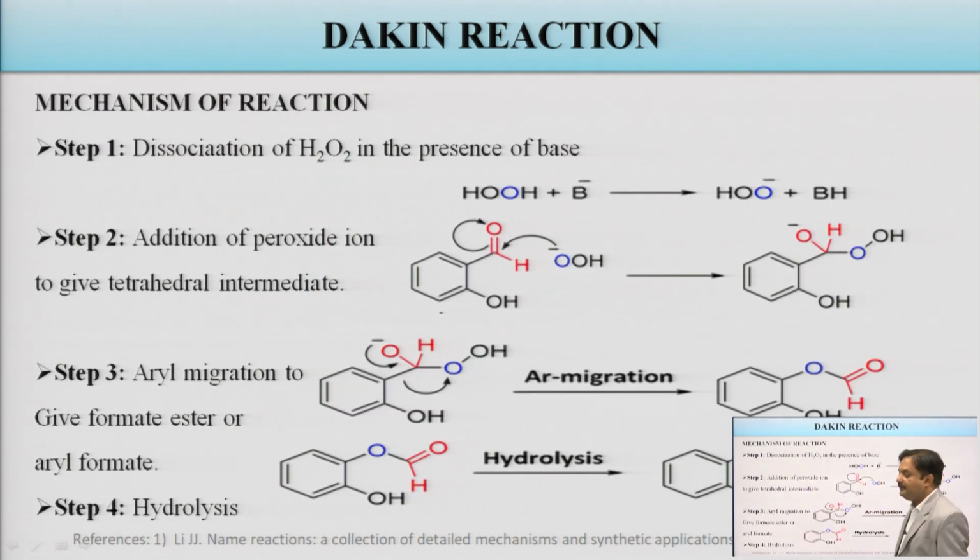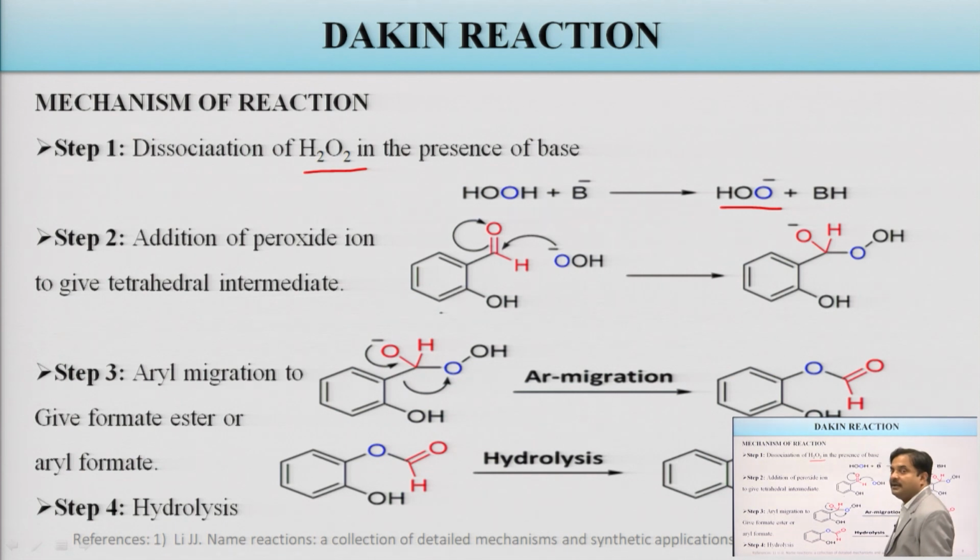Now, coming to the mechanism. This reaction actually takes place in 4 steps. In the first step, dissociation of hydrogen peroxide happens: hydrogen peroxide is dissociated into the anion in the presence of base. In the next step, this anion generated from the hydrogen peroxide attacks the aromatic aldehyde.